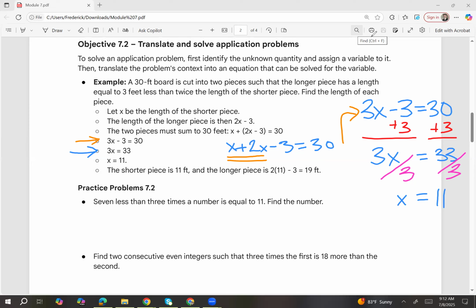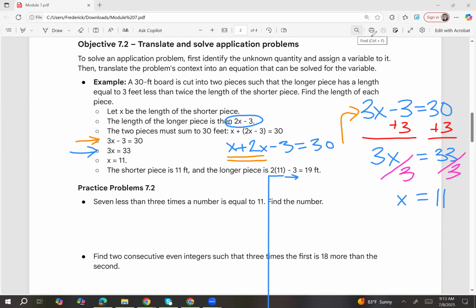So that's the length of the shorter piece. Remember, that's how we defined x. And then to determine the length of the longer piece, we would go back to our expression for it, plug in 11, 2 times 11 is 22, and then 22 minus 3, that piece is 19 feet, the longer one.